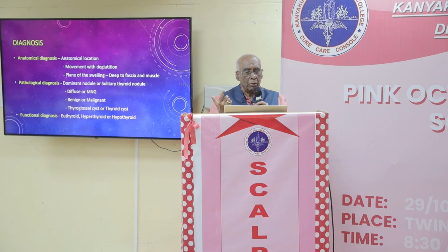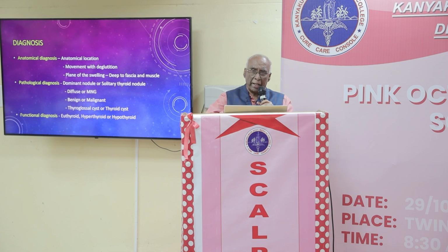More than one nodule becomes a multinodular goiter. By clinical examination, you should decide whether it is benign or malignant. Then of course the thyroglossal cyst, with protrusion of the tongue there will be movement, which is seen only for the thyroglossal cyst. And finally the functional diagnosis: euthyroid, hyperthyroid or hypothyroid.